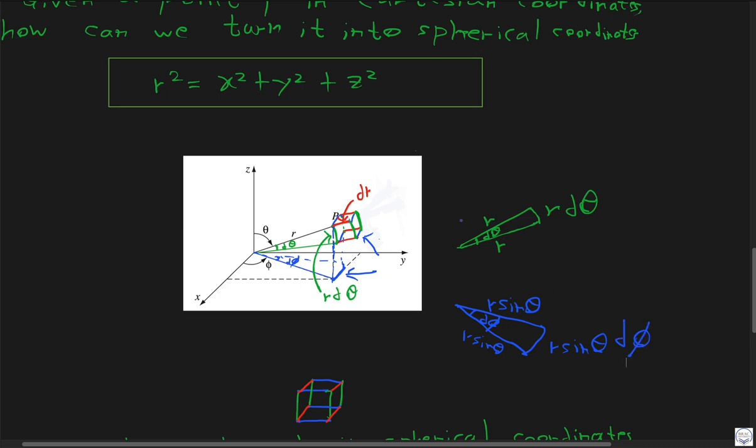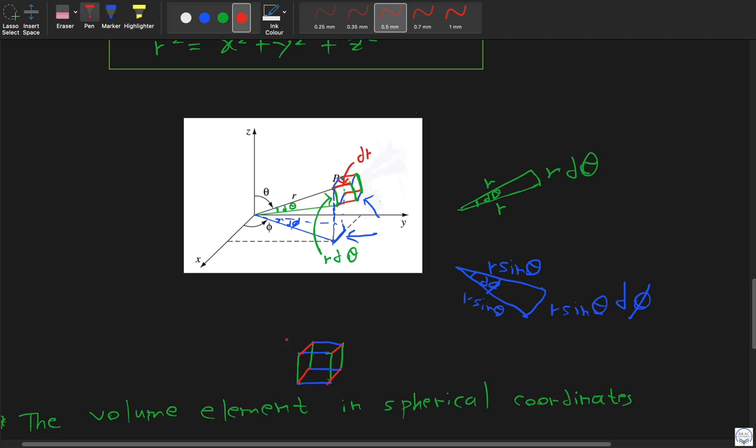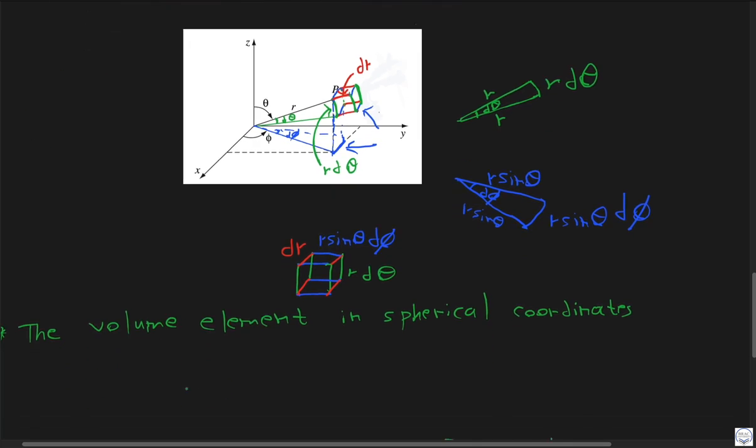Now we have all three sides of my cube. I can find the volume element, so let's just do this once and for all. One of the sides is dr, the blue side is r sine theta d phi, and the green side is r d theta. Now all we need to do is multiply these three things.